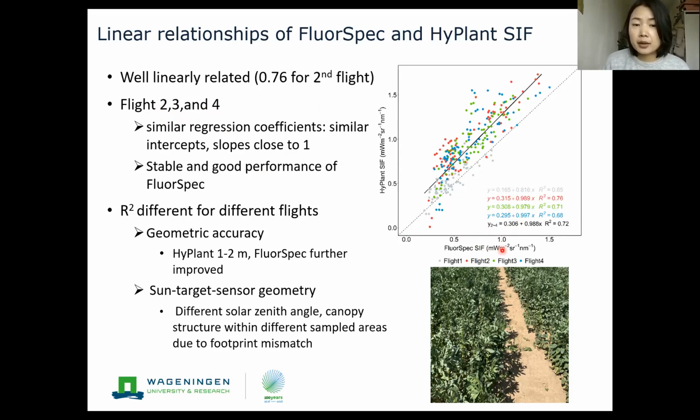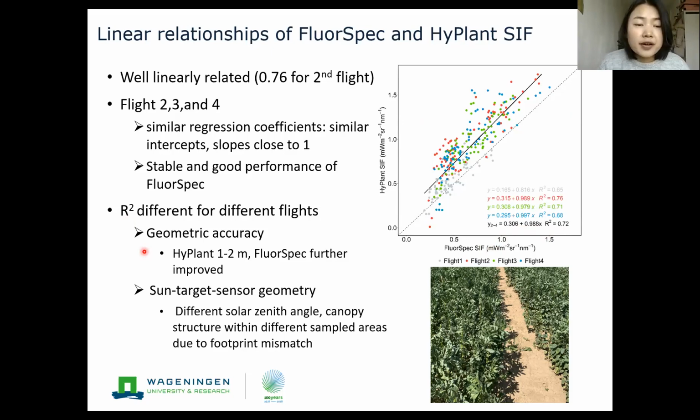If we combine these 3 flights together and make the linear regression, we can see the linear relationship is still very good. R squared is very high. So this result shows the stable and good performance of FluorSpec to measure SIF at the field level.